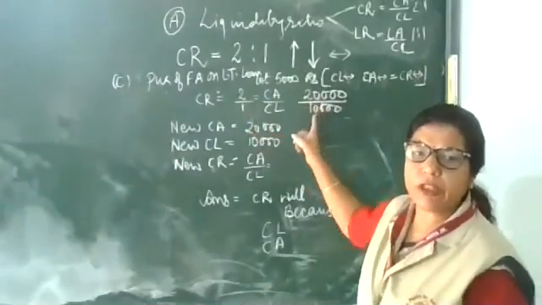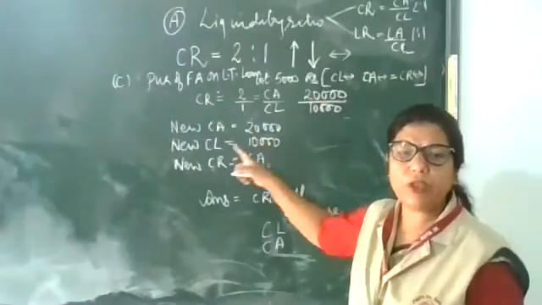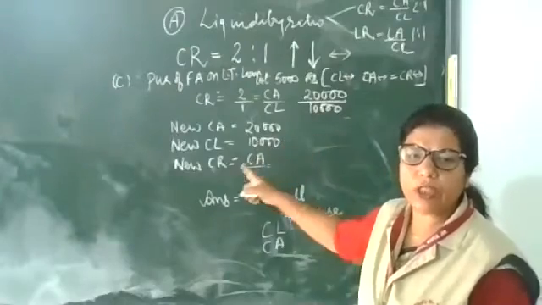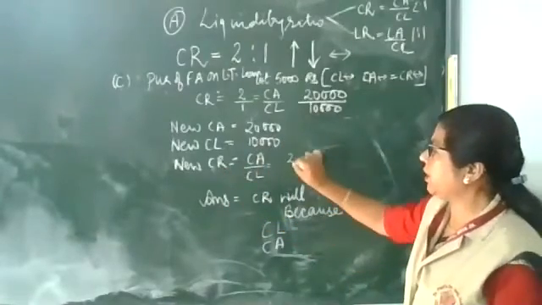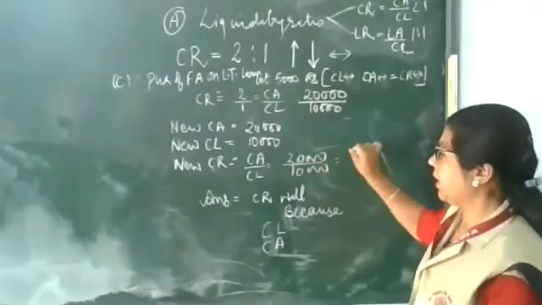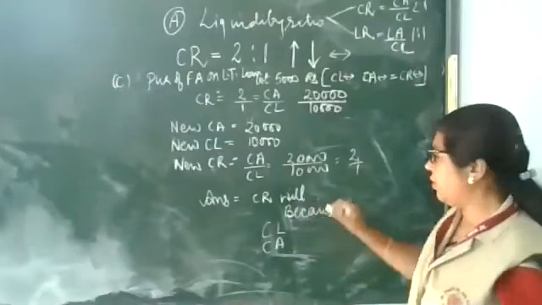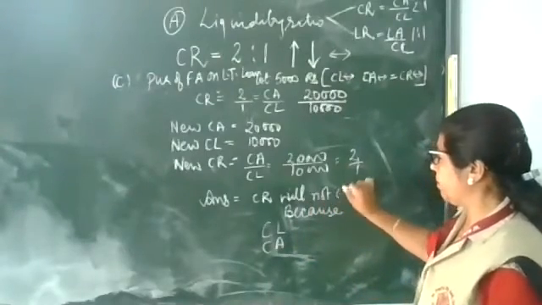Current ratio is 20,000 is to 10,000. New CA, no change. New CL, no change. New CR, 20,000 upon 10,000, that is 2 is to 1. Your answer: CR will not change.